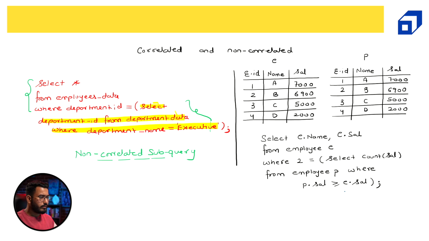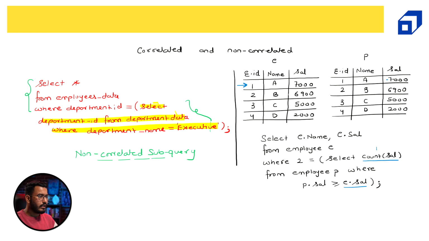Please remember, we'll first be executing the outer row's E dot salary. So this entire row will be taken, and now we will compare this salary, which is P dot salary, to check whether it is greater than or equal to E dot salary or not. Yes, it is, so we'll count, and the count will become 1.